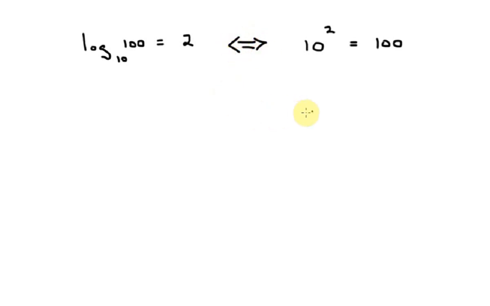Now remember, that's exactly what we had before. We said, oh yeah, y equals log base 10 of x. That's another way of writing, and I'll write it in this version here, 10 to the y equals x. This is exactly what we had before.